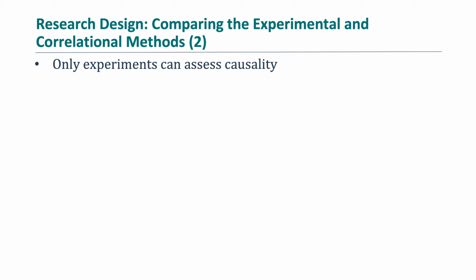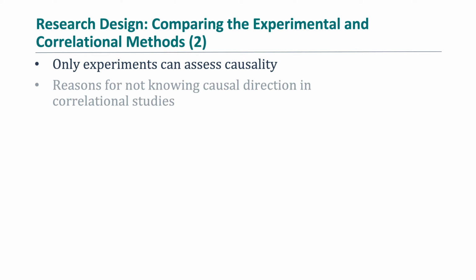So experiments can assess causality. You might have heard the saying, correlation does not measure causality, right? Experiments measure cause and effect, correlations don't. You don't know why there's a relationship.